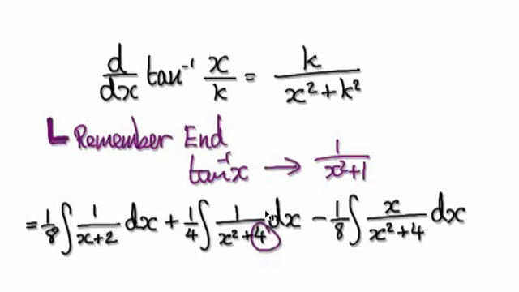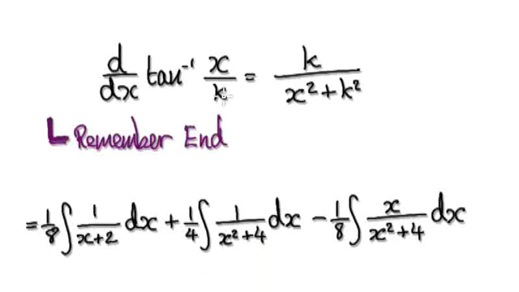But then here you've got a 4. So to create this 4, if you look at this, if this k here is a 2, if you put a 2 into this k, then when you differentiate it, it will then give you a 4 here, because here you've got k squared. So this thing here would be a 4.